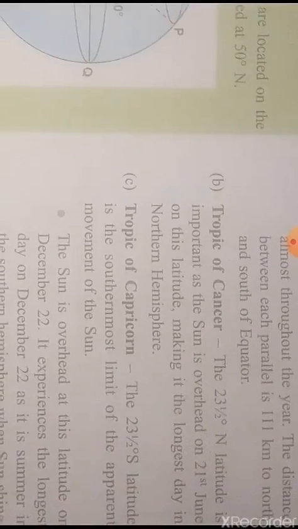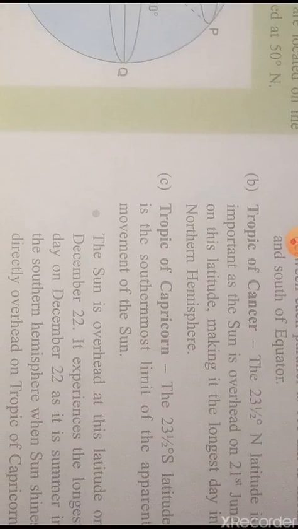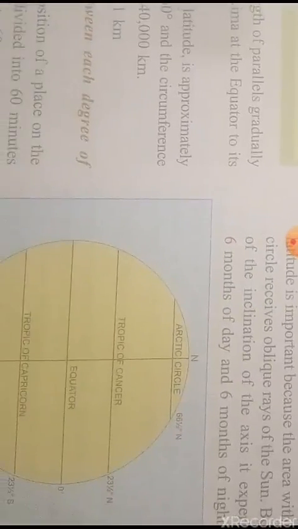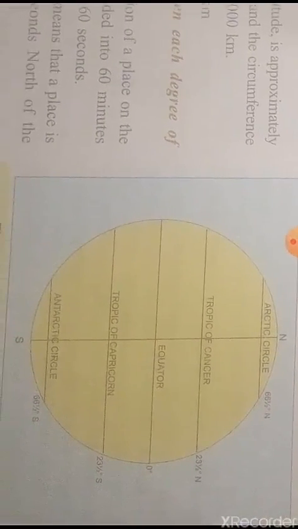Tropic of Capricorn is 23½ degree to south of equator. The Arctic Circle is 66½ degree to north polar region surrounding the North Pole. The Antarctic Circle is 66½ degree to south polar region surrounding the South Pole.